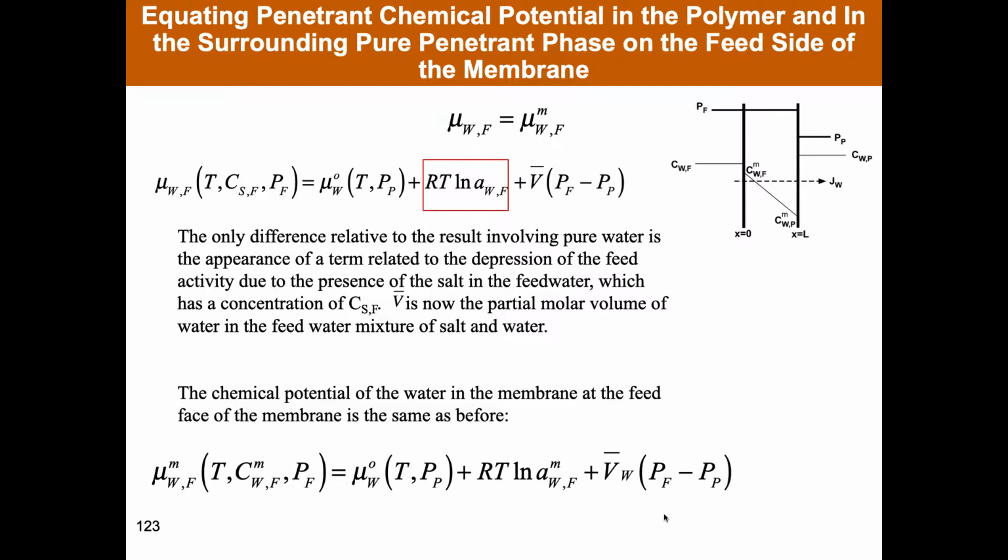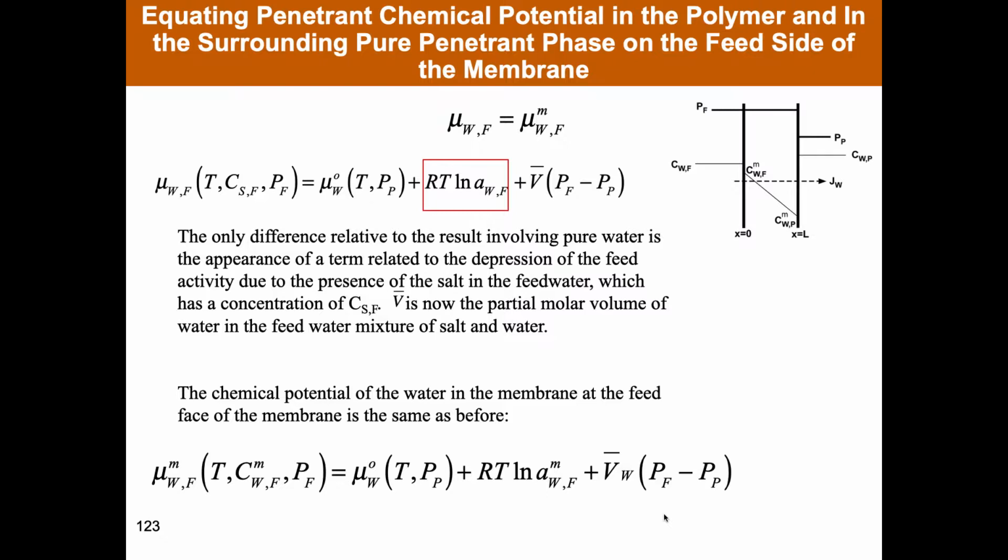The concentration of solvent as a result will be lower on the feed side than on the permeate side, and it is as a result of this pressure gradient that you actually can drive the solvent essentially uphill in terms of its concentration gradient to get a net flow of material across the membrane.